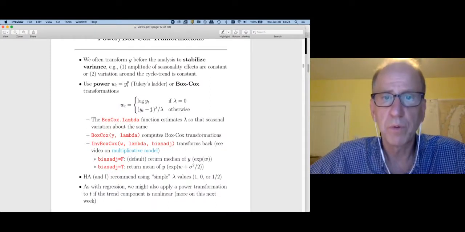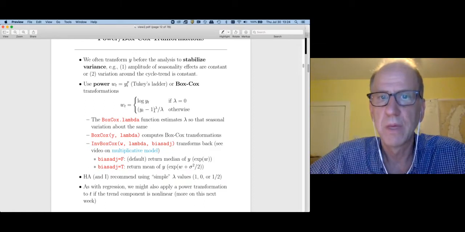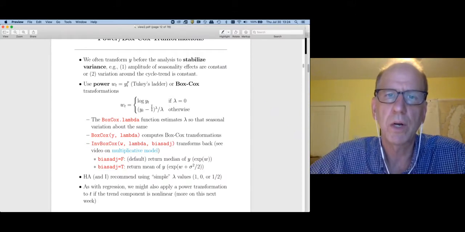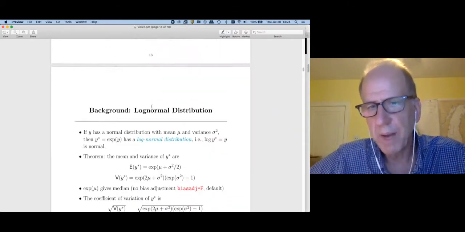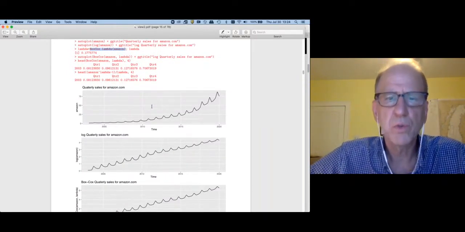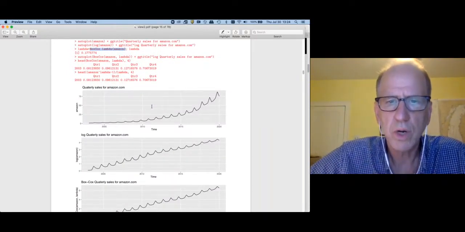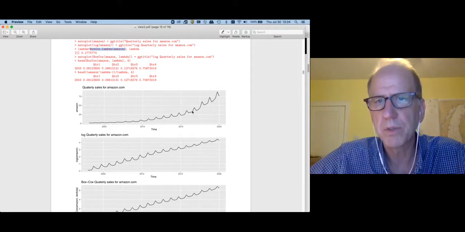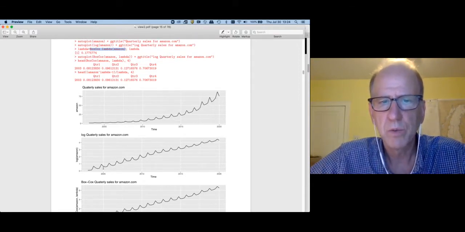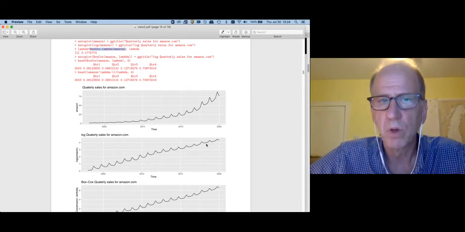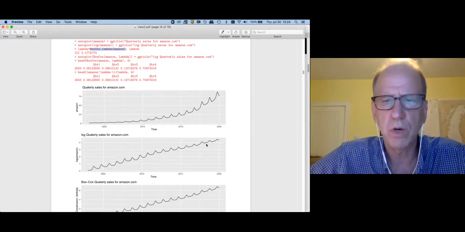A lambda of 1 would mean don't transform it at all. So what this is saying is you almost want to log it. Now the fact that it's a little positive tells me the log is maybe a little too strong. You see that we've gone from one problem, where the amplitude gets bigger over time, to where the amplitude is actually shrinking over time. That's a signal that the log is just a little bit too strong.